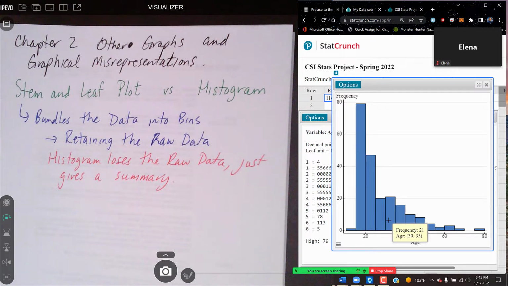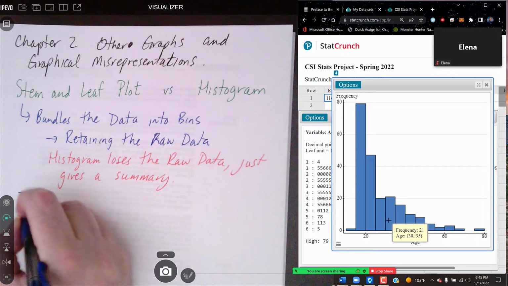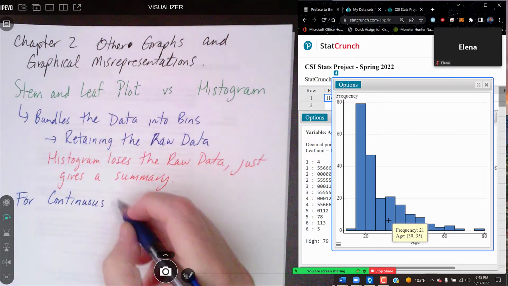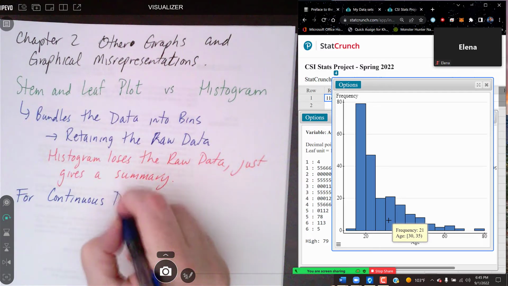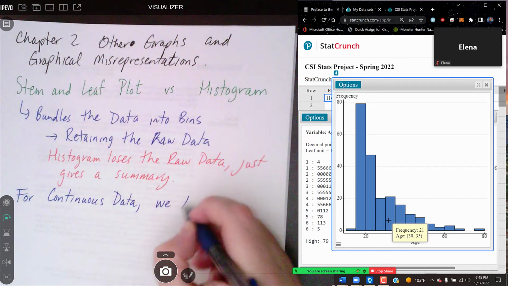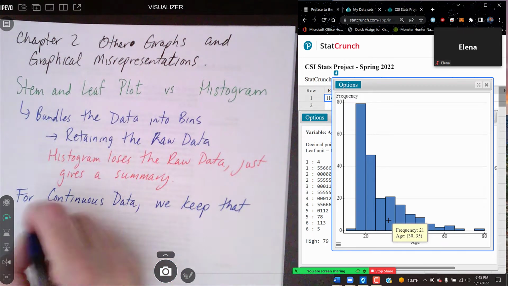And when the data is continuous, like weight and height, for continuous data we can keep all the values. We keep that state of being continuous.